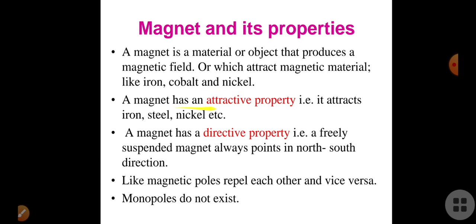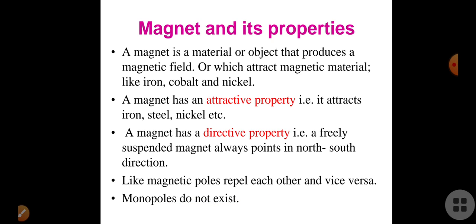A magnet has an attractive property: it attracts iron, steel, nickel, cobalt, etc. A magnet has a directive property: a freely suspended magnet always points in the north-south direction. Like magnetic poles repel each other, and unlike magnetic poles attract each other. And monopoles do not exist.